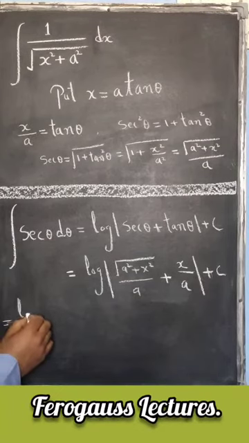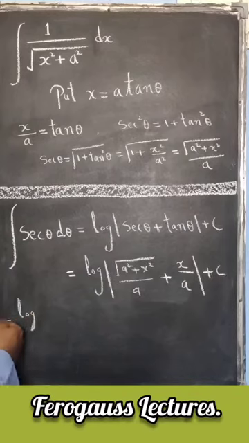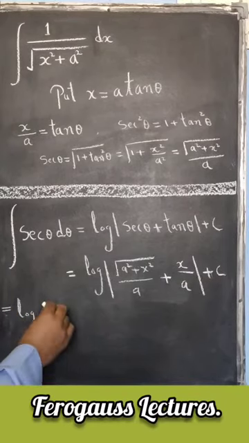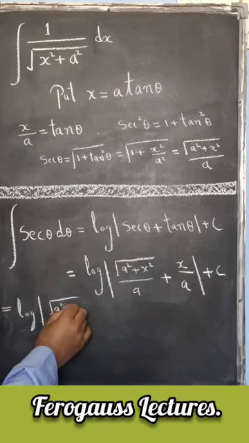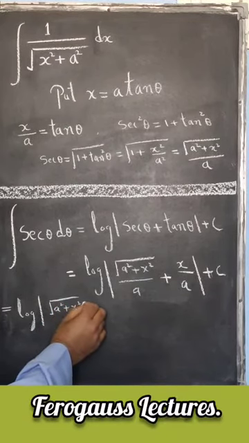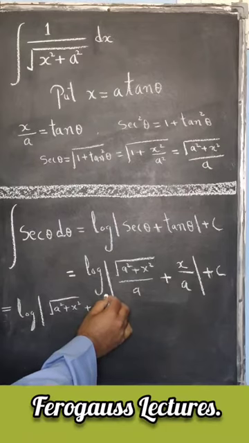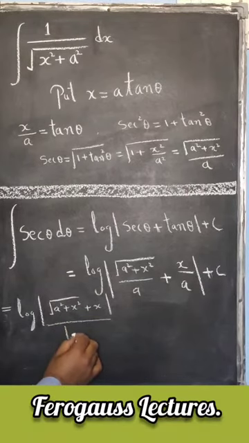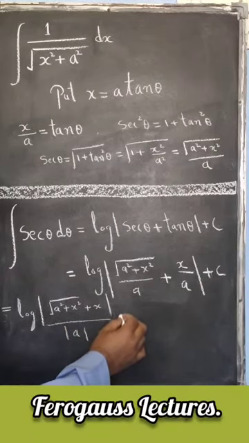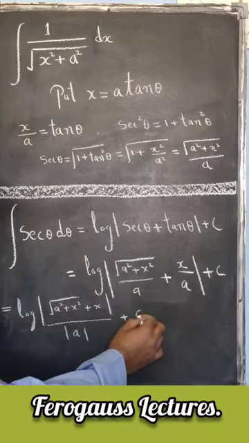or we can write it as log of mod of square root a square plus x square plus x divided by a plus constant of integration c.